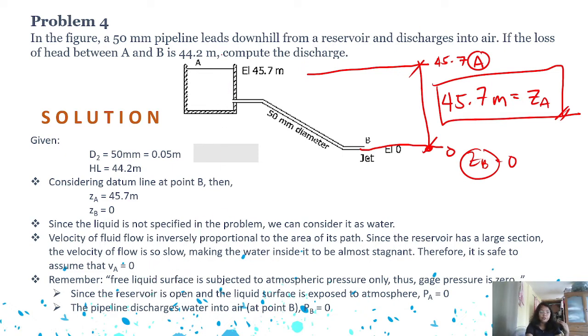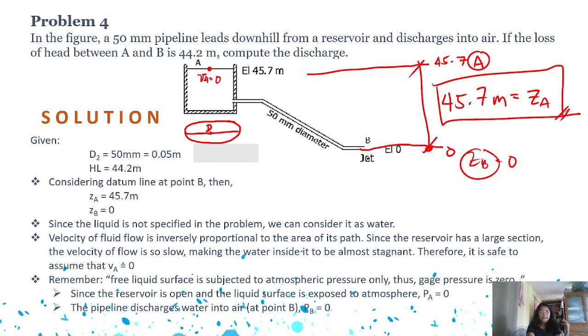Okay? So, inassume natin na ang velocity mo dyan is equal to 0. Since sa sobrang laki siguro ng section, hindi man din given sa problem kung ano ang diameter nitong malaking reservoir na yan, no? Wala mang given eh. So, it is safe siguro i-assume muna natin na VA is equal to 0.